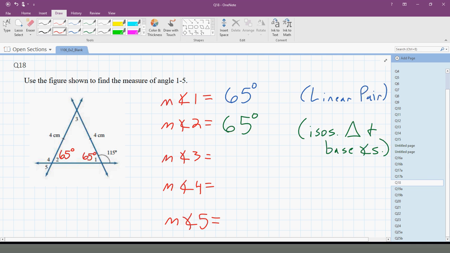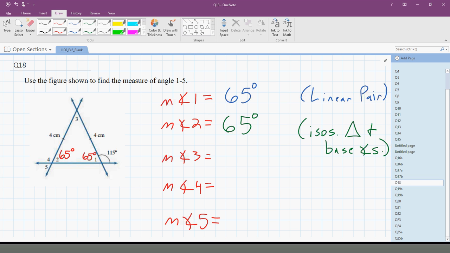Okay, so let's get everybody else. So you can either work with 4, 5, or 3 now. All of them are up for grabs. We got enough information to do them all. Let's do 3. So how are we going to figure out the measure of angle 3? Because they're all inside our triangle, right?